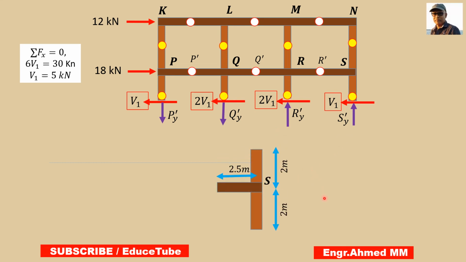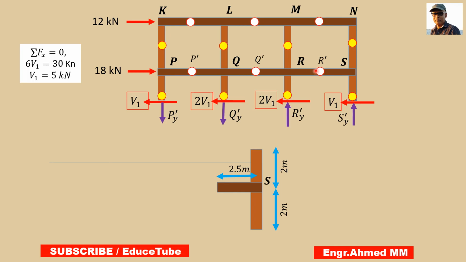So how to do that? We need the reaction components at these positions. To find this, we must bring this R segment to get the reaction components at these positions.